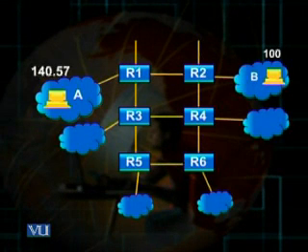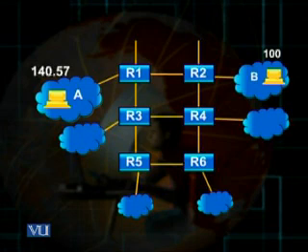As I mentioned, the routers connect various subnets to each other. So you can see there is a class B network 140.57, and an ISP may have arranged this class B network. There is a client machine sitting on this network.